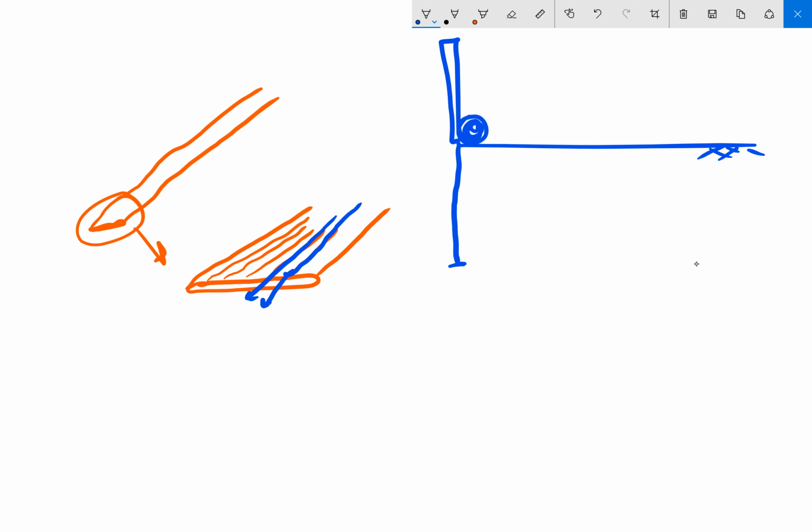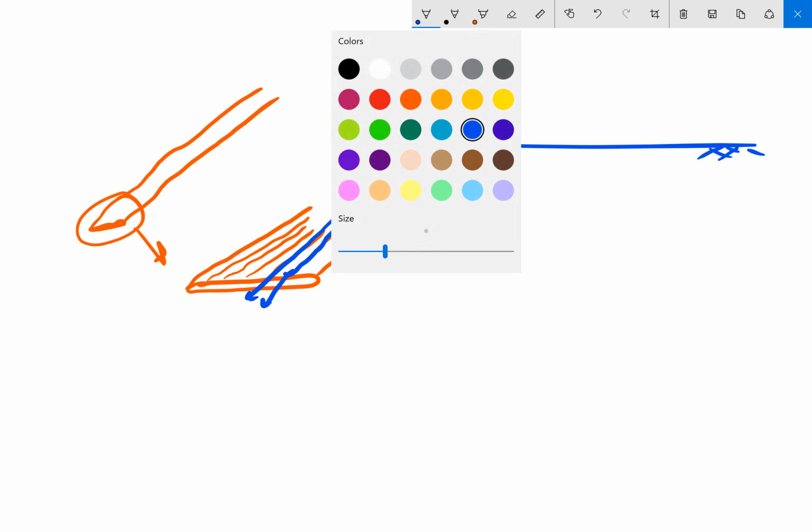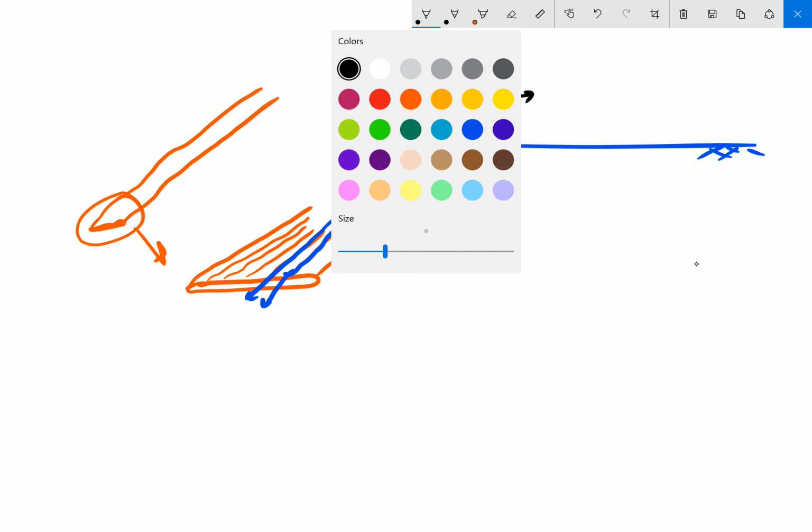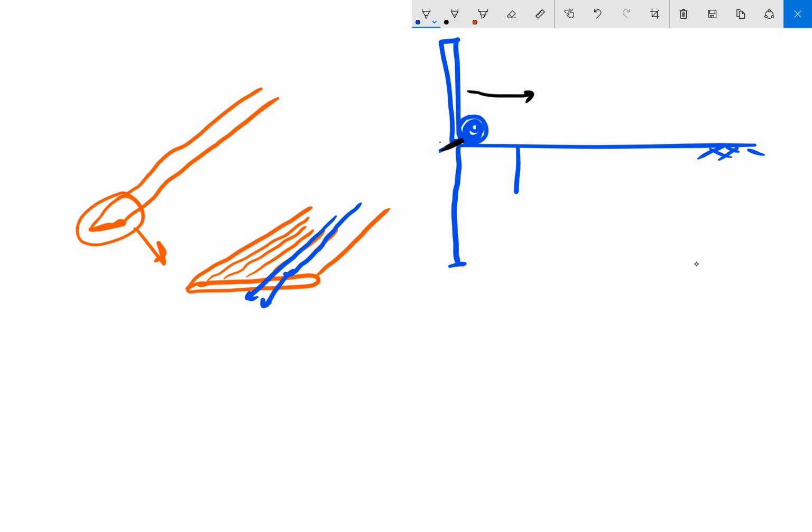Then the technician cuts it right here. Let me just do that in black. Cuts it right there, and then the device moves over and does another one. And just whatever the spacing is in the clay layer.